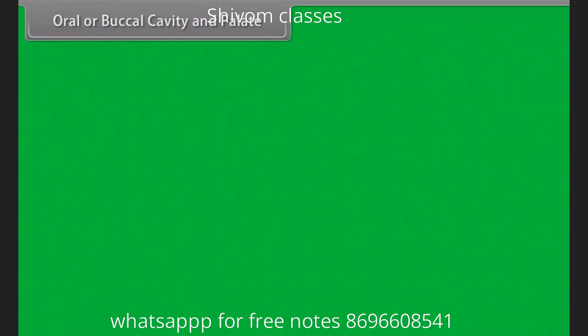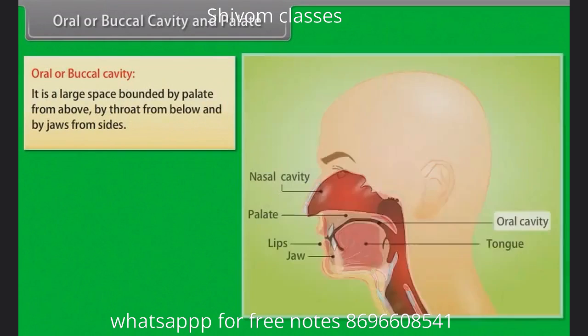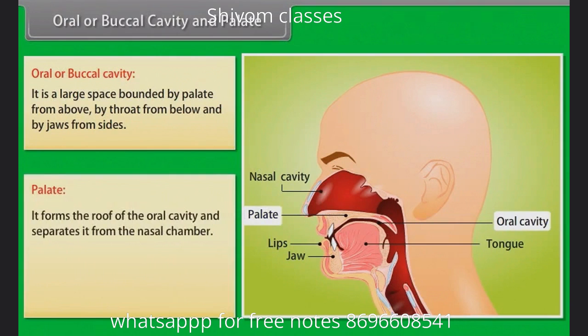Oral or buccal cavity and palate. Oral or buccal cavity. It is a large space bounded by palate from above, by throat from below, and by jaws from sides. Palate. It forms the roof of the oral cavity and separates it from the nasal chamber. It is divided into two parts, hard palate and soft palate.